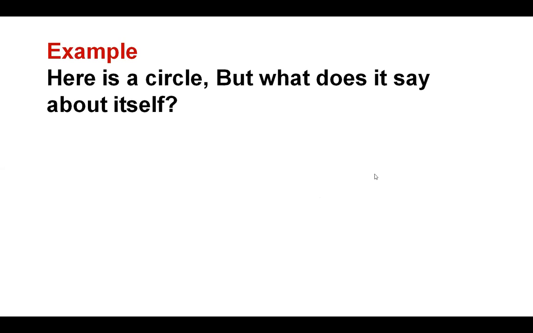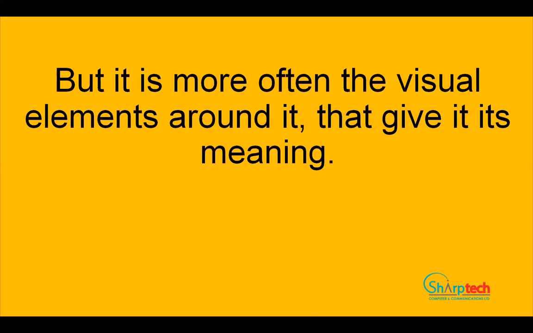Okay, so we continue. We are saying we want to see an example, because we said it is more often the visual elements around it that give it its meaning.